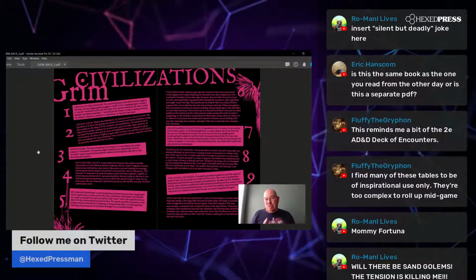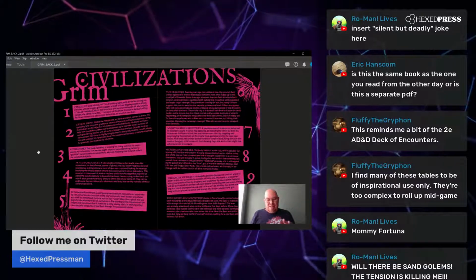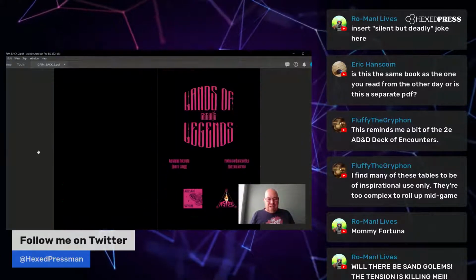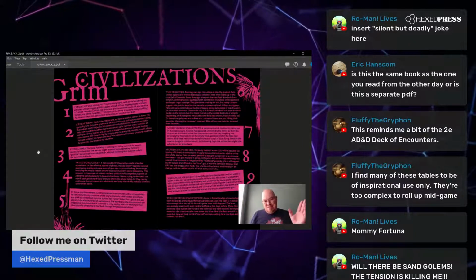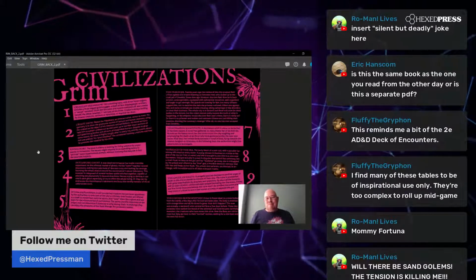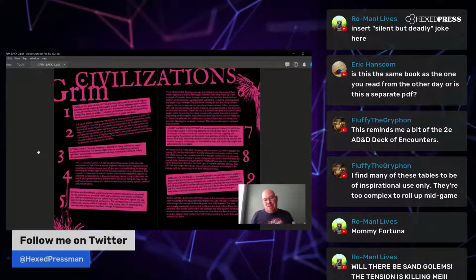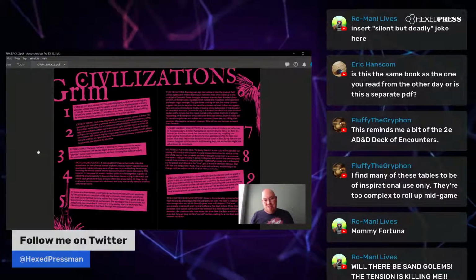I actually say that I wouldn't suggest this for new GMs, because for someone like me, I can open this book, look at it, and in a minute say, okay, we're rolling 1 through 10 on a table. I'm going to do these. And once I read a couple of them, I'll kind of understand what I need to do to make them work.